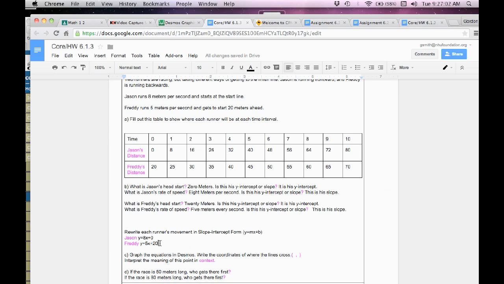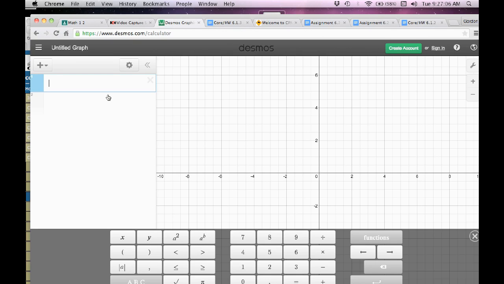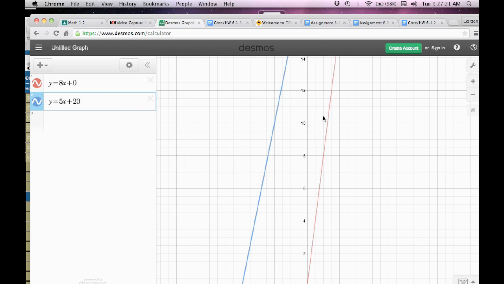Y equals 8x plus 0 and y equals 5x plus 20 is what we're going to put in. So y equals 8x plus 0, which of course I don't have to write the plus 0. And then y equals 5x plus 20.